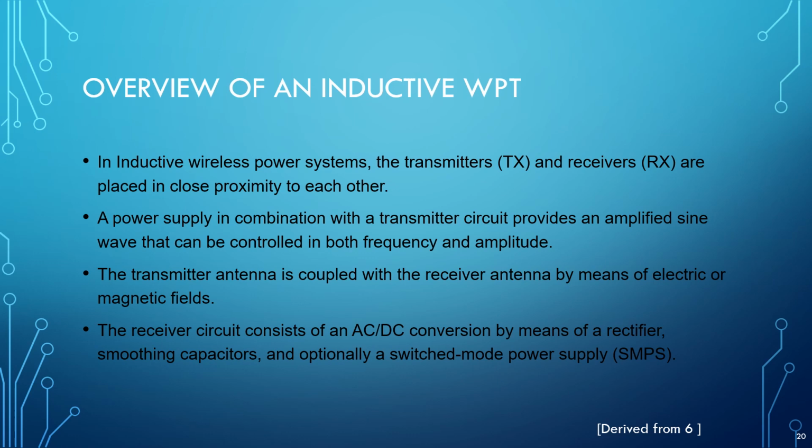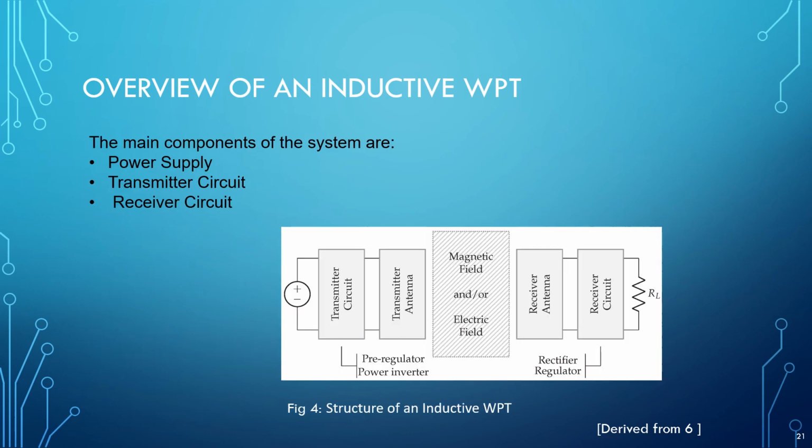A power supply in combination with the transmitter circuit provides an amplified sine wave that can be controlled in both the frequency and amplitude. The transmitter antenna is coupled with the receiver antenna by means of electric or magnetic fields. The receiver circuit consists of an AC-DC conversion by means of a rectifier, smoothening capacitors, and optionally a switched mode power supply, that is SMPS.